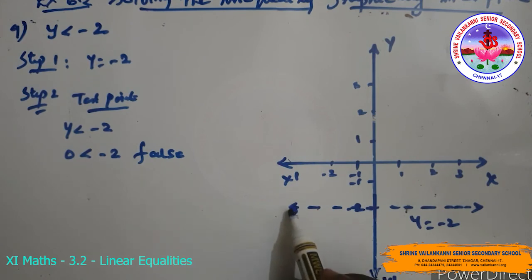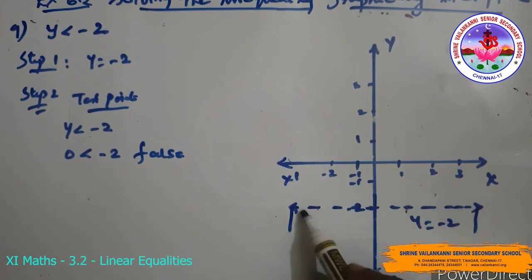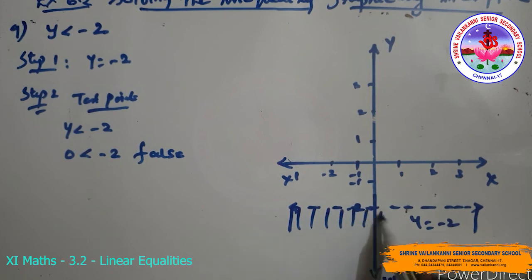We have to shade outwards from the origin. So it is clear that any point on the line does not satisfy the given inequality. So every point below the line y equal to minus 2, excluding all the points on the line, determines the solution of the given inequality. So the solution region or feasible region lies outwards from the origin.